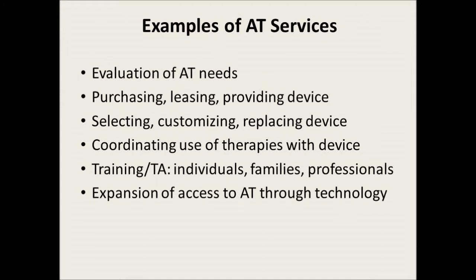Examples of assistive technology services include evaluating an individual's AT needs related to his or her goals, purchasing, leasing, or providing a device, selecting, customizing, or replacing a device, coordinating the use of therapies with a device, such as occupational or speech or language therapy, training and technical assistance to individuals, families, and professionals, and the expansion of access to assistive technology through other technology.